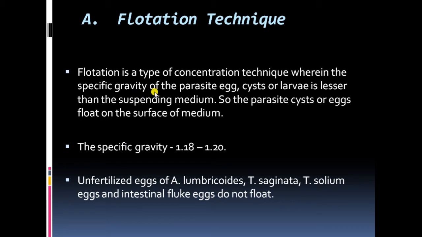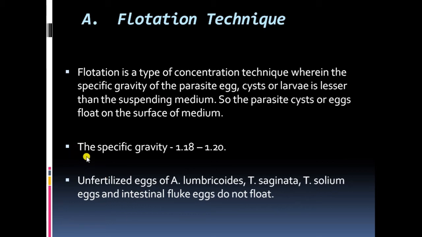Similarly, the specific gravity of the parasite eggs, cysts or larvae is lesser than the suspending medium. So it is important to understand that the specific gravity of the parasite eggs, cysts or larvae is less than the suspending medium, so they float on the surface of the medium.